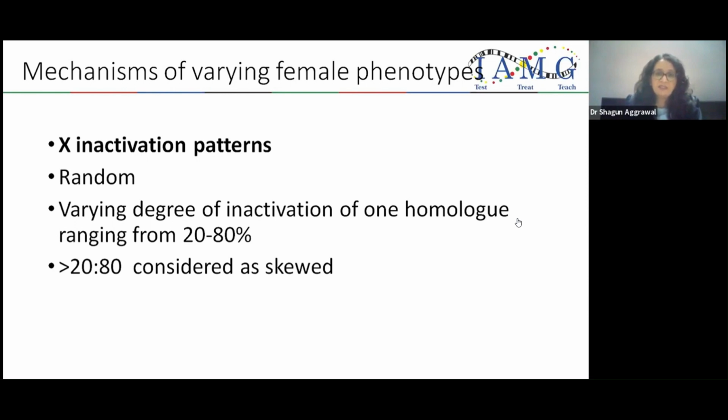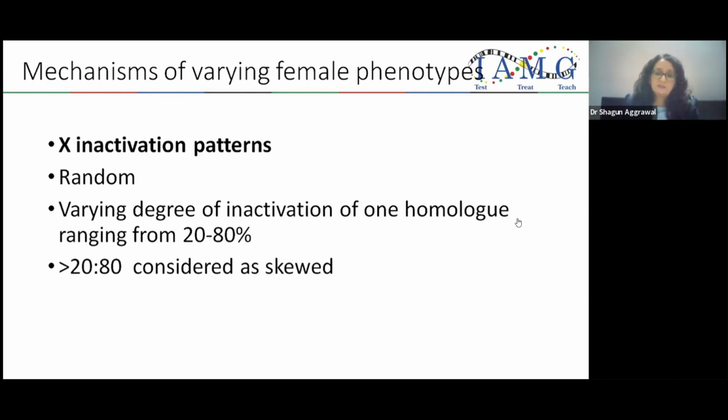So why do we have this kind of varying female phenotype? Besides the impact of the variant, whether it is recessive or dominant, a very important phenomenon which determines the female phenotype is the X inactivation pattern. As we saw in the initial slide, we expect the X inactivation to be random. We would think that around 50% of cells would have one X chromosome active and 50% would have the other copy active.